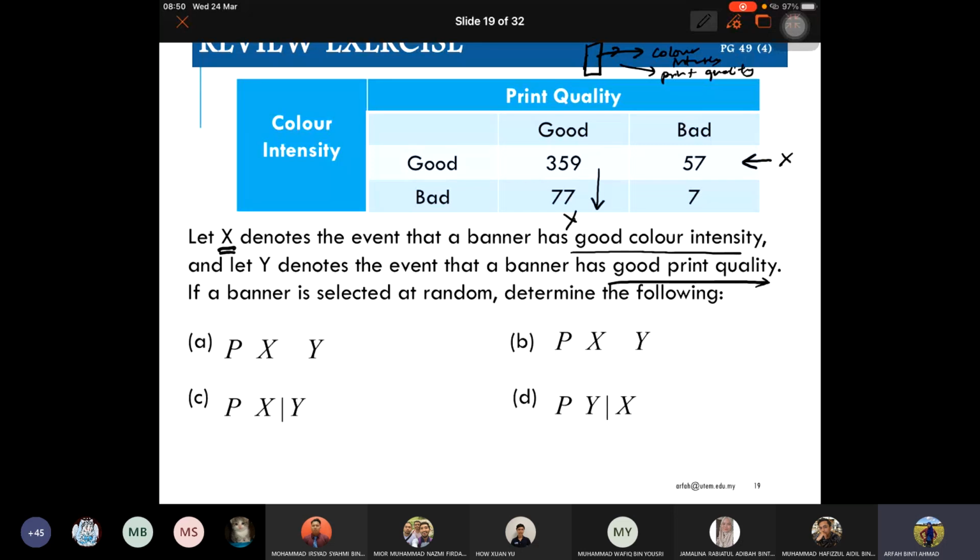Yang ini adalah event Y. Okay. So if a banner is selected at random, determine the following. Probability of X and Y, probability of X given Y, probability of X or Y prime, probability of Y given X.